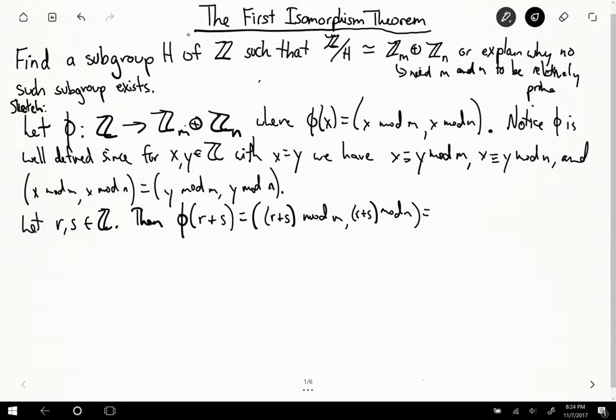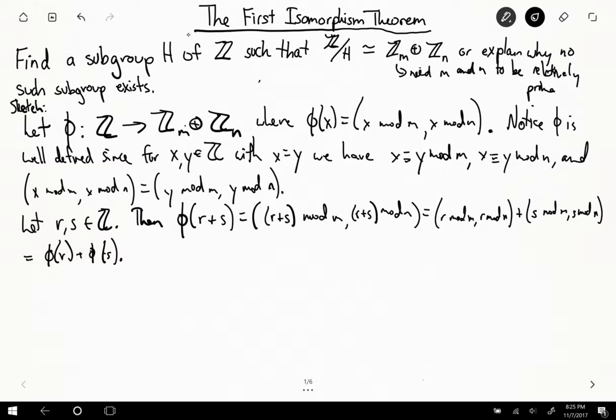Well, you can break this up into R mod M, R mod N, and then whatever our plus symbol means in our direct product, essentially, or our Cartesian product, and this will be S mod M and S mod N. Okay, but this is the same thing as just phi of R plus phi of S. Well, what does that imply?